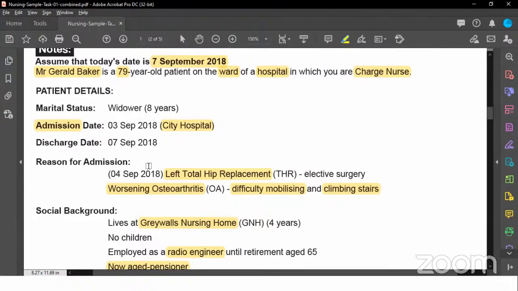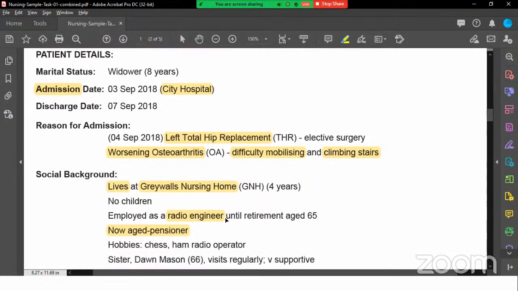So discharge back. Remember that. You should know that he lives at Grey Walls Nursing Home. He has been living there for 4 years. That means they know about him. For them, he is a known case.